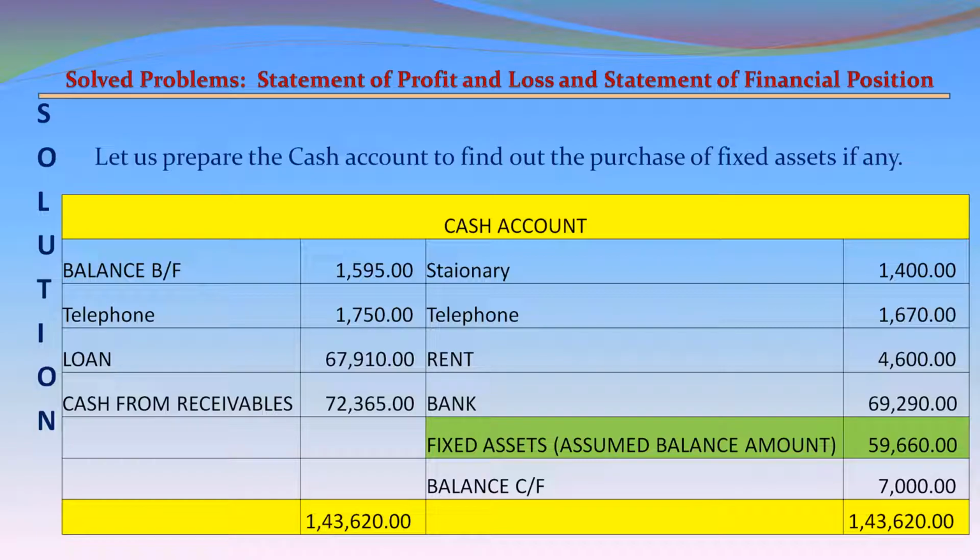Rent 4,600. Bank deposited in a bank account 69,290. Balance carried forward 7,000. There is a difference of 59,660 excess debit, excess cash received. So this represents purchase of fixed assets. There is a loan of 67,910. So it is assumed that this is utilized for the purchase of fixed assets by Mr.